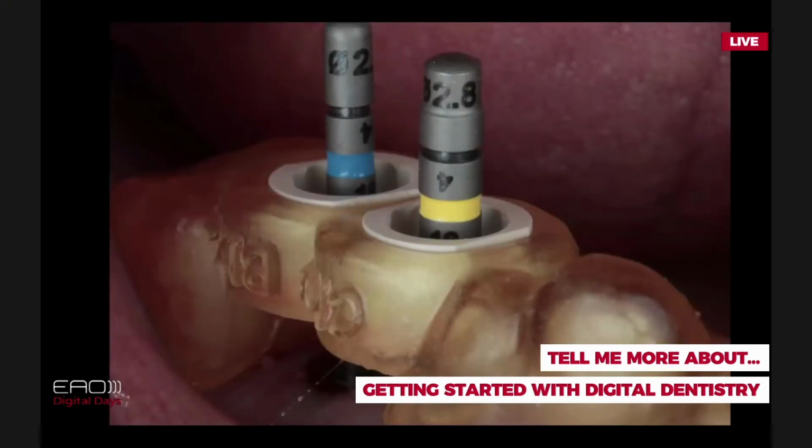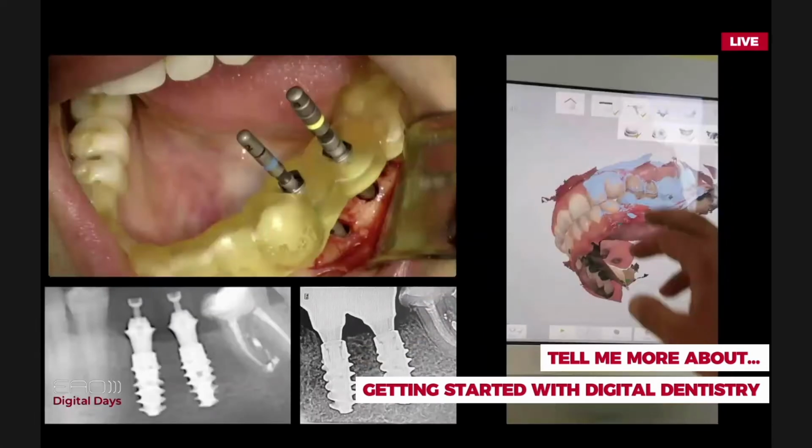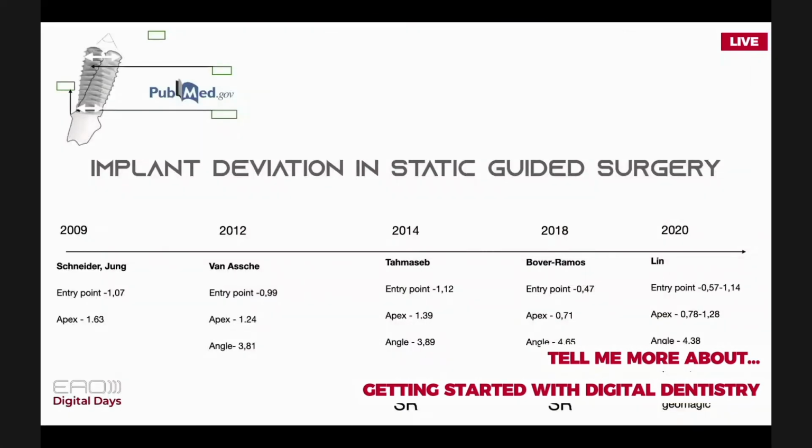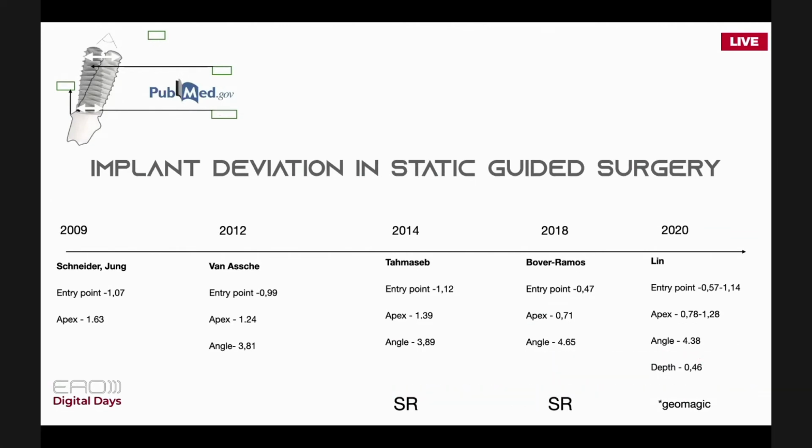So when you're talking about fully digital protocols, like the ones that you are seeing here, you see that along the evidence-based research along the years, the error more or less maintains itself. One would think that, from 2009 to 2020, you had a lot of new technology that would improve the outcomes.